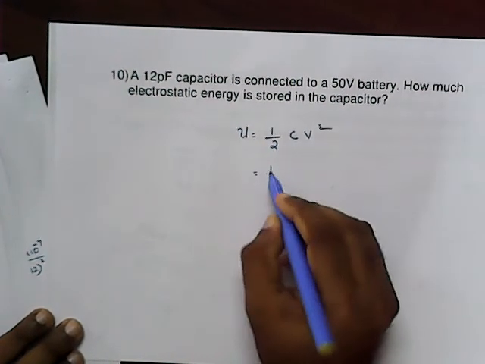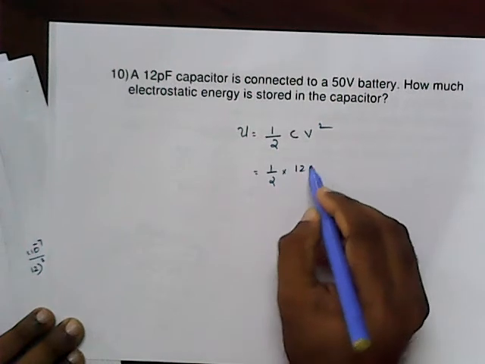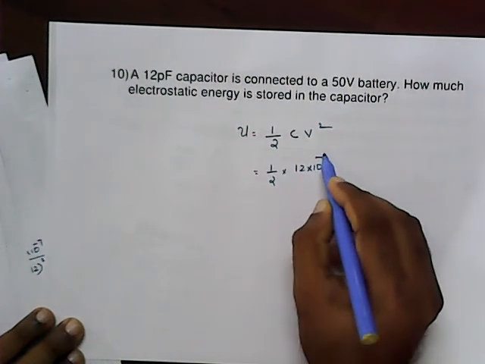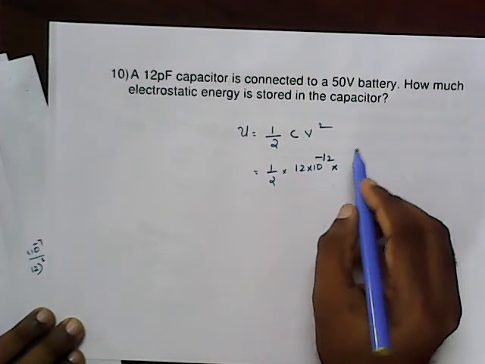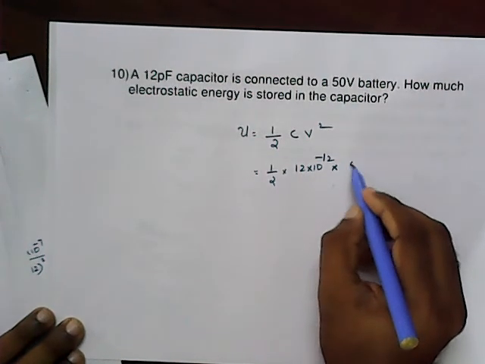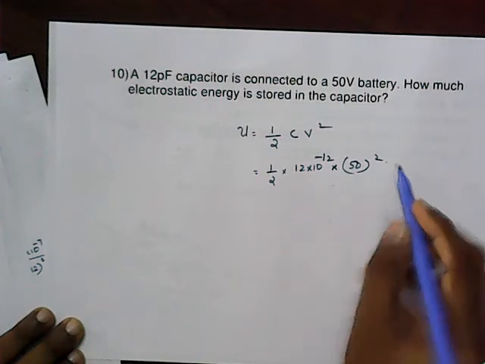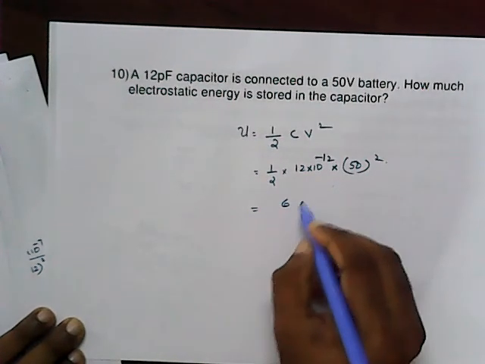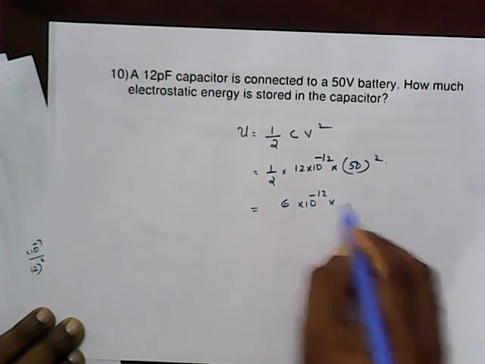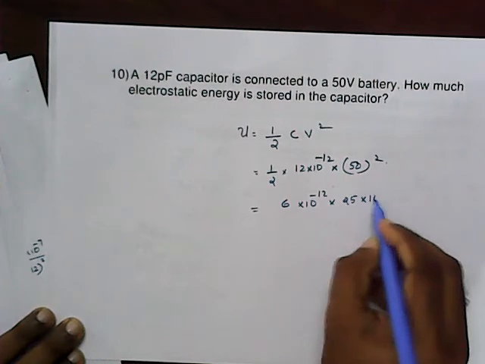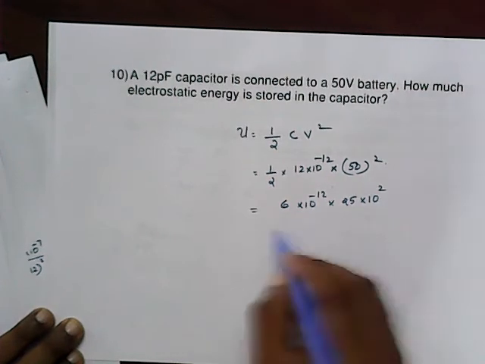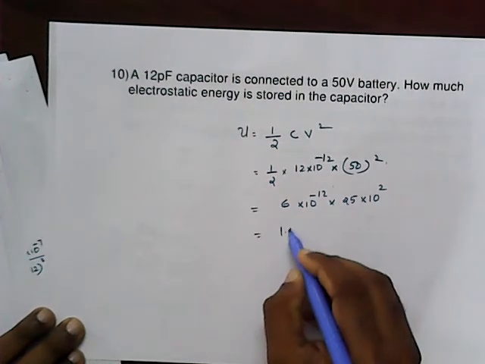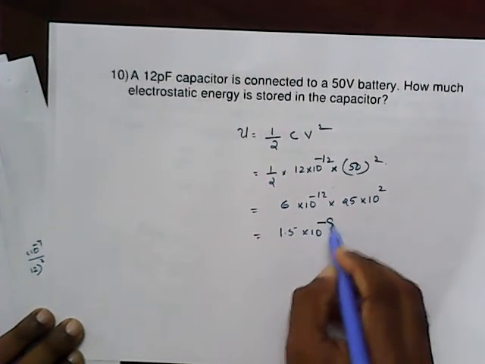So that is equal to half times 12 × 10^-12 times the potential 50 squared. After solving, that is equal to 6 × 10^-12 times 25 × 10^2. You get the value as 1.5 × 10^-8 joule.